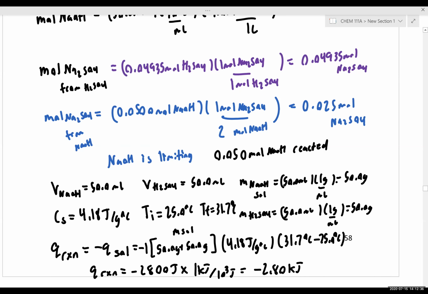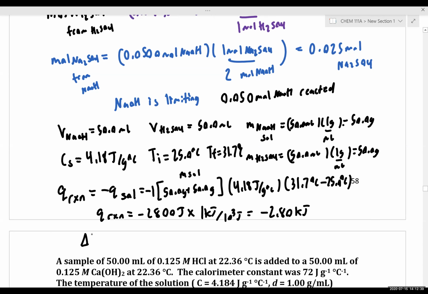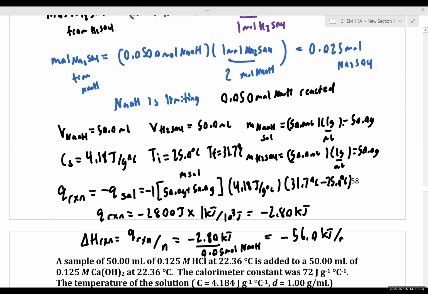And now to complete this problem, to calculate the enthalpy of reaction, we take the heat of reaction over the moles, which gives us negative 2.80 kilojoules divided by 0.05 moles of sodium hydroxide, which in turn gives us negative 56.0 kilojoules per mole of sodium hydroxide.